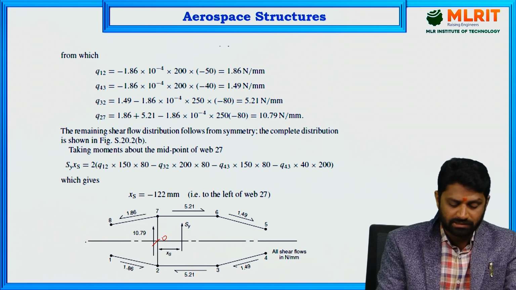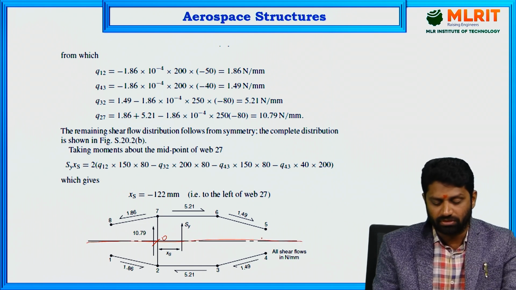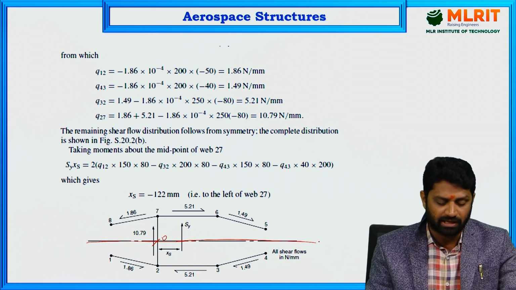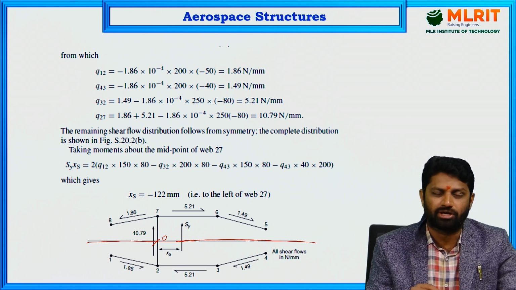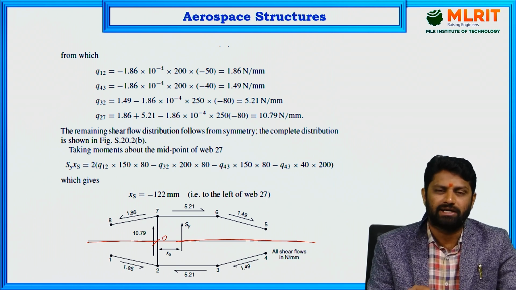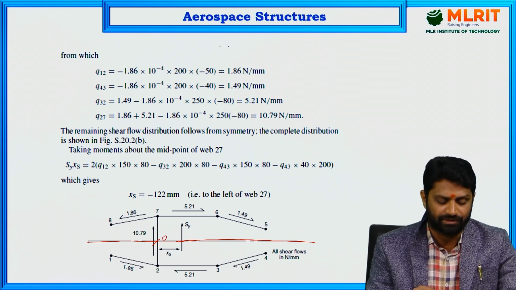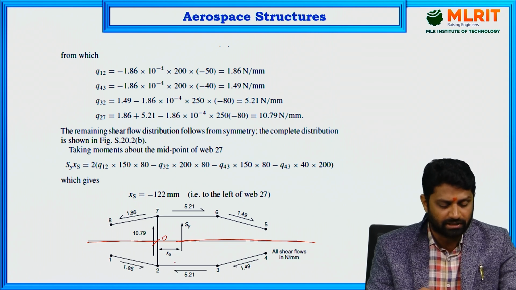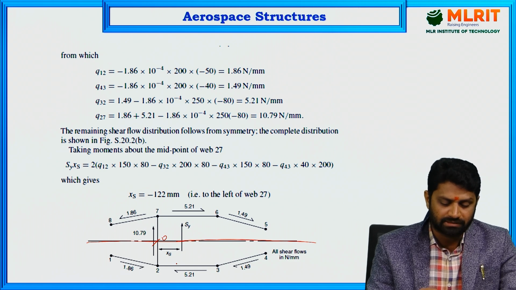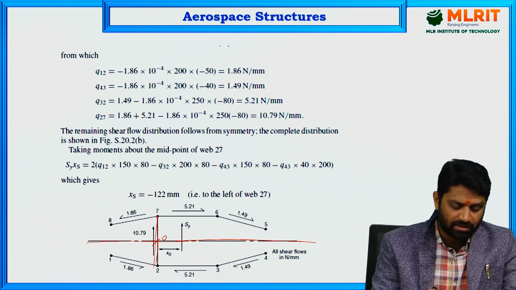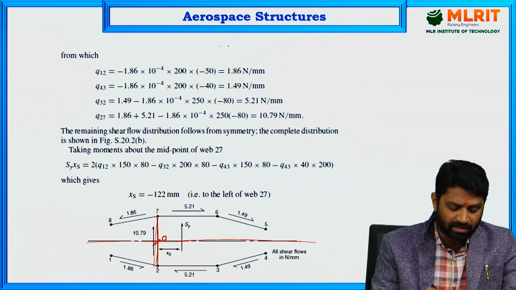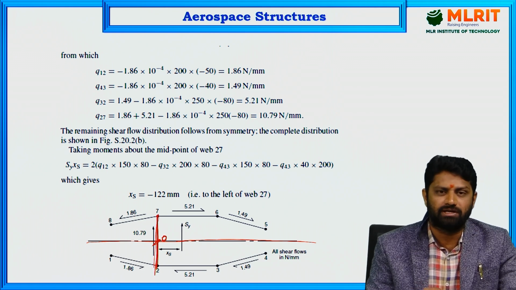Since you are calculating moment about this point O, for the symmetrical section let's write the moment for the upper half of the section, so that you can multiply by 2 to account for the lower half. The shear flow in 2, 7 passes through the same point where we are calculating the moment, so it gives no moment because the perpendicular distance is 0.